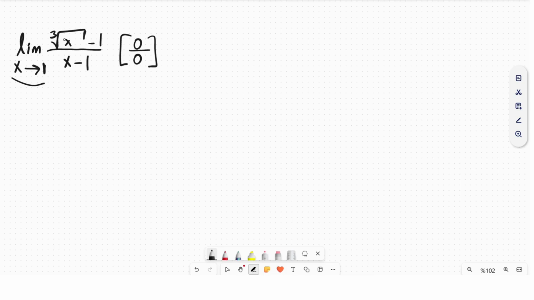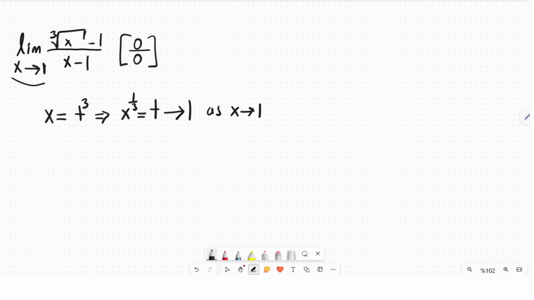In order to cancel this symbol, we do this change of variable. Let's say x is equal to t to the power 3. So in that case, we can write x to the power 1 over 3 is equal to t. As you see, this t goes to 1 as x goes to 1.